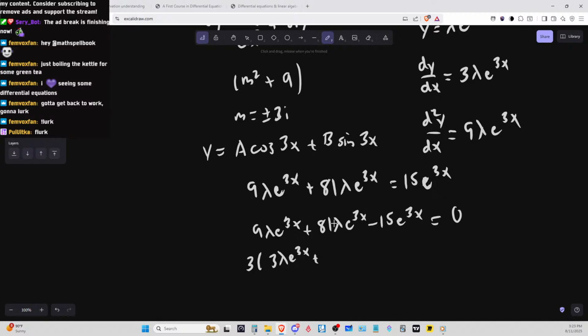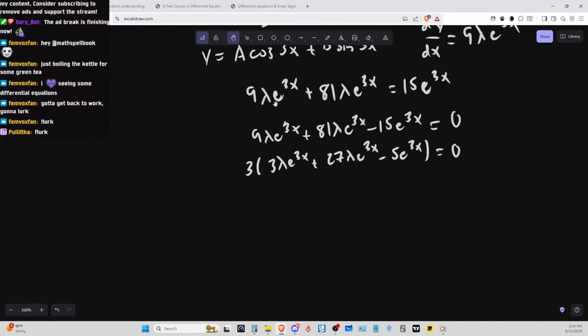Oh, hit my fan there for a second. Divide by 3. That's 27 lambda. And then 5 e to the 3x. Yeah, we'll just divide 3 to basically remove it.